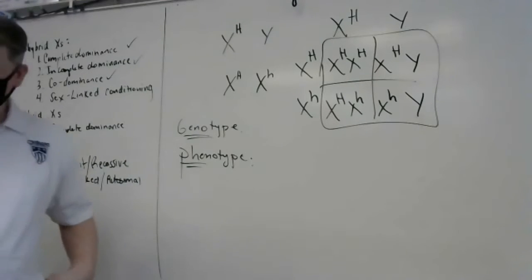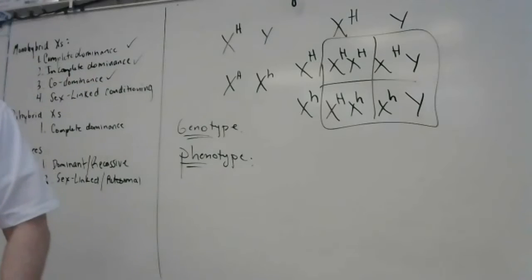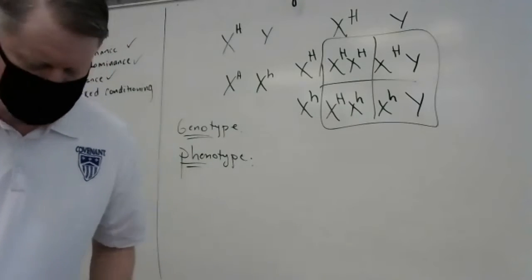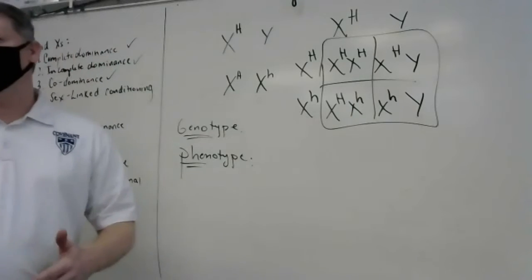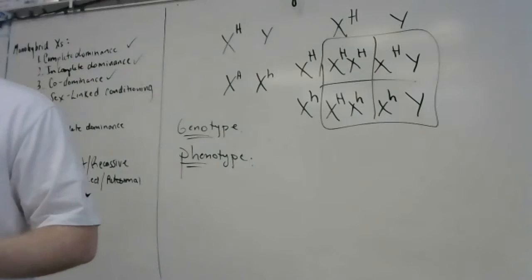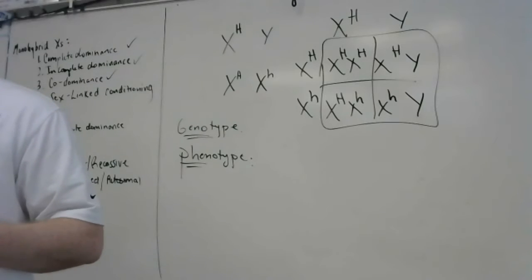So here we got a little bit more. We got a few more things to keep in our minds. Not only do we got to think about is that particular trait expressed, but is that particular trait expressed in a male or a female, right?